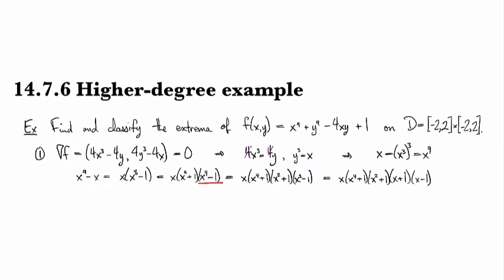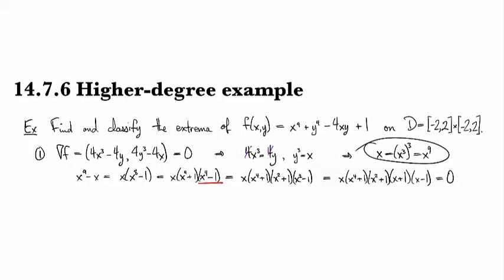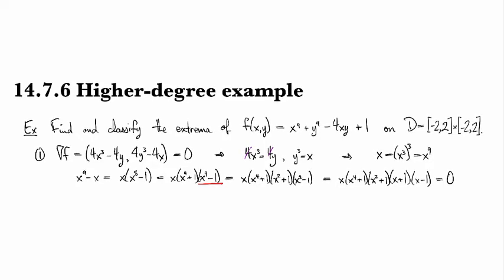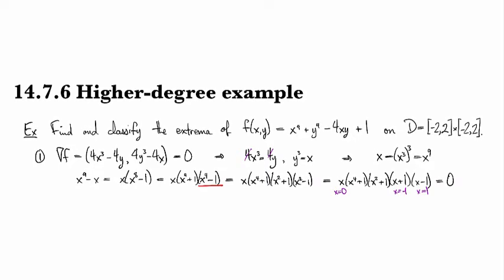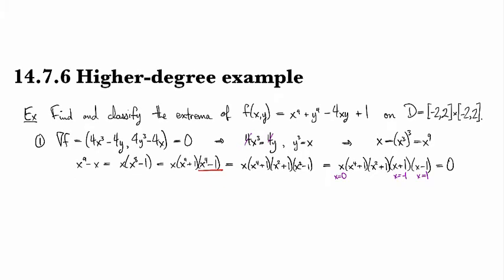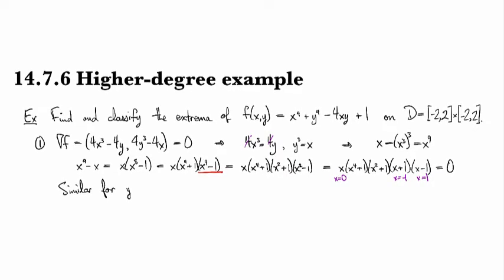Okay, and so we're looking for the zeros of this thing, because we started with this equation up here, so we subtracted the x over to the other side. We see that we get zeros when x equals 0, or when x equals minus 1, or when x equals 1. Similarly for y, because this equation is symmetric in x and y.